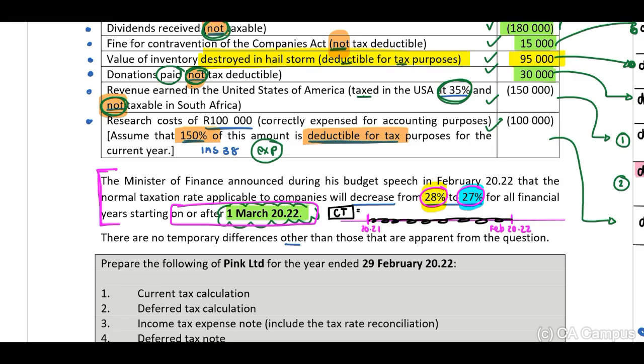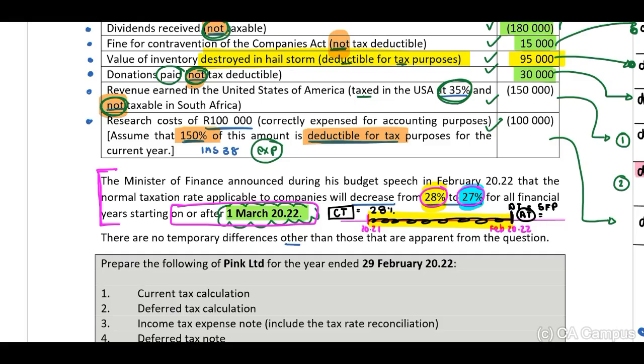Therefore, this was taxed based on the 28%, because the 28% is still applicable for this period. But our deferred tax is based on our statement of financial position method, and this is at year end.